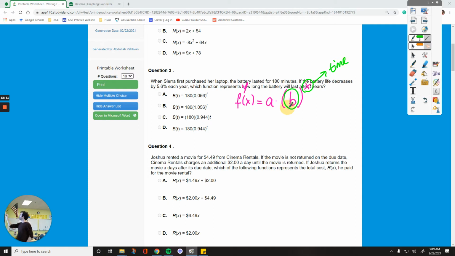This right here is the common ratio. If you have like 5% increase, you do 1 plus 5% and then put that decimal in the parentheses. If you have 10% decrease, you do 1 minus 10% by converting the 10% into decimal and then put that in the parentheses. And then this one is your initial number.